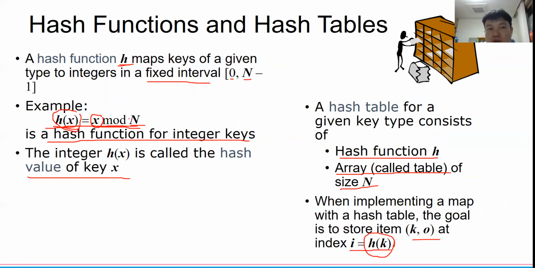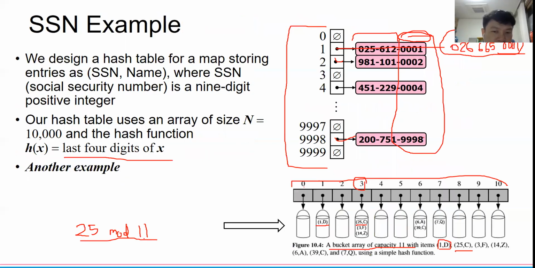We use the mod function because I have limited space, but the keys can be any values. Because the key is 25, I mod it with the number of items that you can store. The maximum number is 11, so that's why I do 25 mod 11.